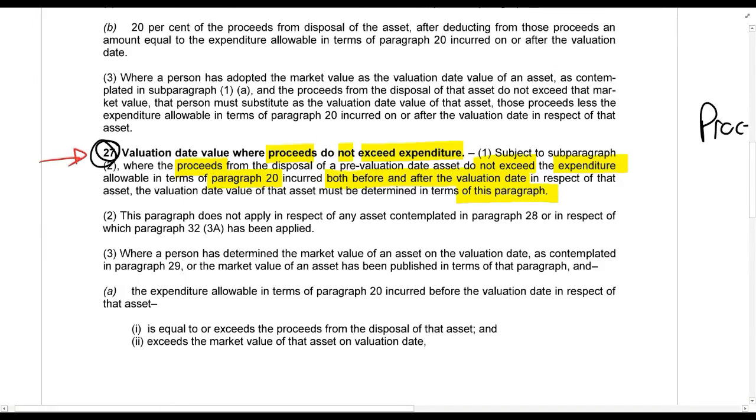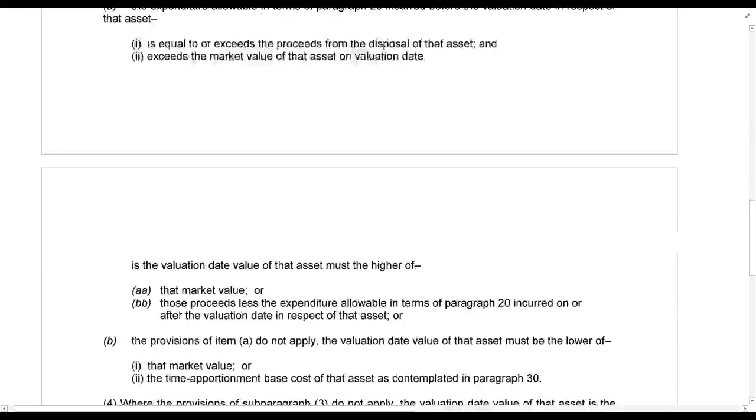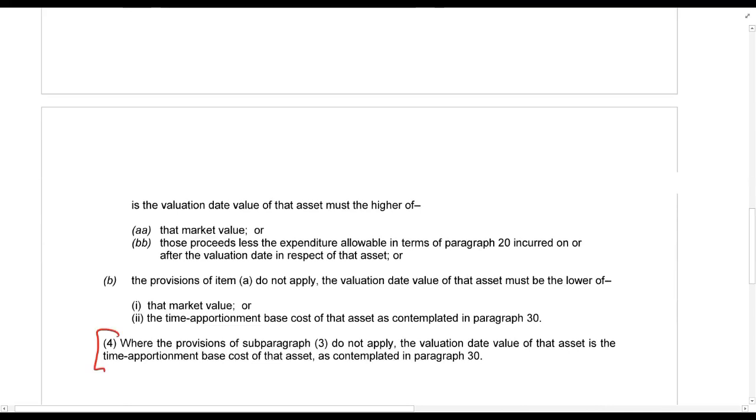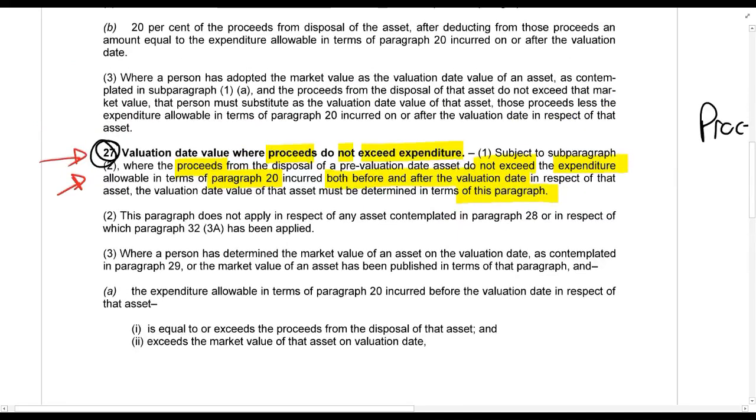Okay, guys, I want you to now make sure that you see the very first thing that you do when you look at paragraph 27 is you go to paragraph 4. Paragraph 4 says, where the provisions of subparagraph 3 do not apply, the valuation date value of that asset is the time apportionment base cost. Subparagraph 3 says where a person has determined the market value.